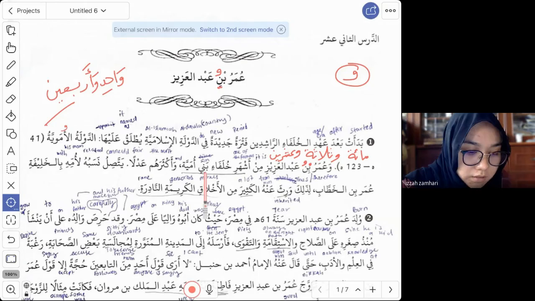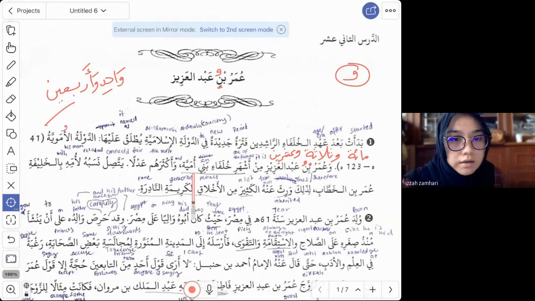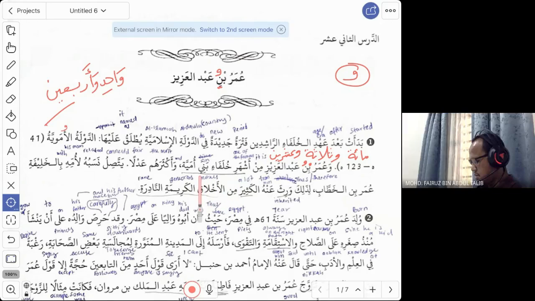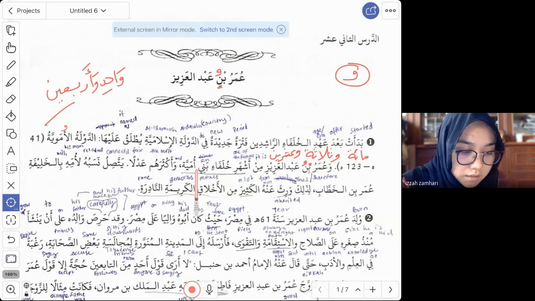Bani means the son of Umayyah. He was the famous Khalifa for ad-Dawla al-Umayyah.